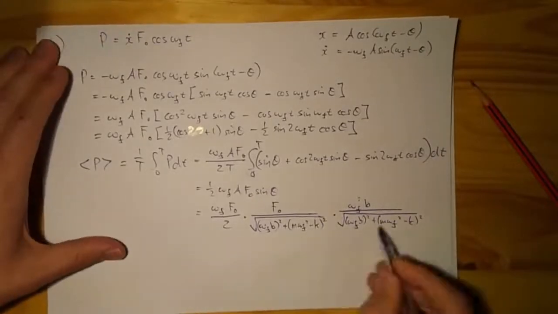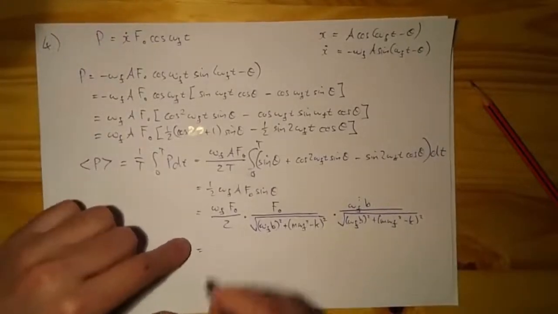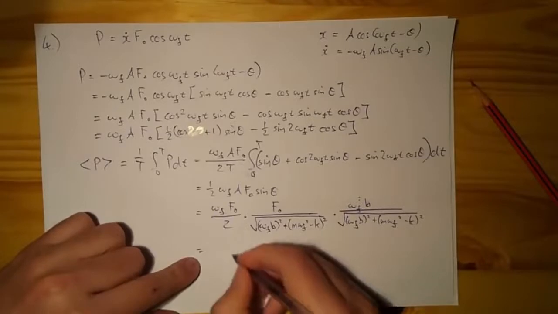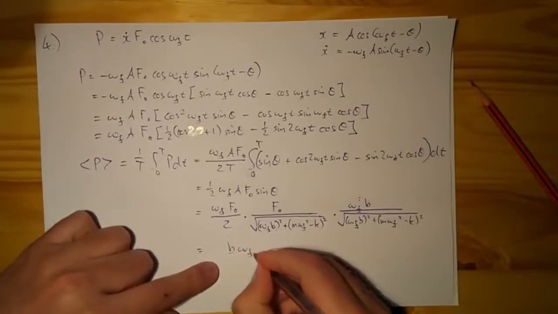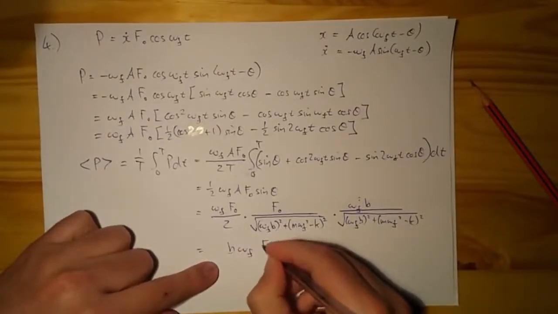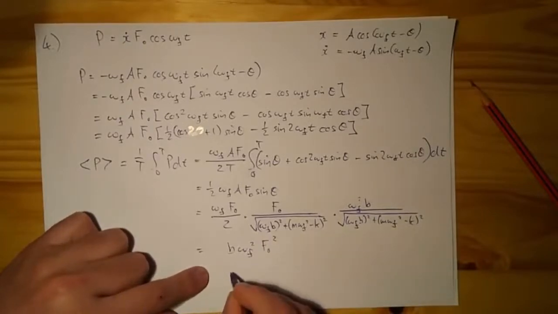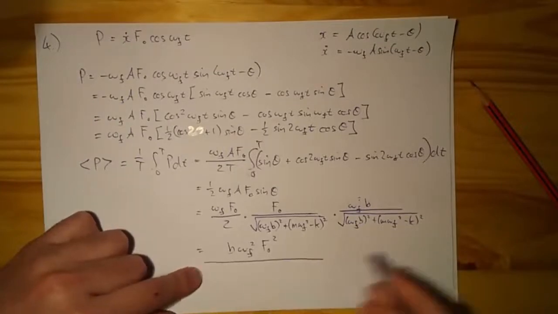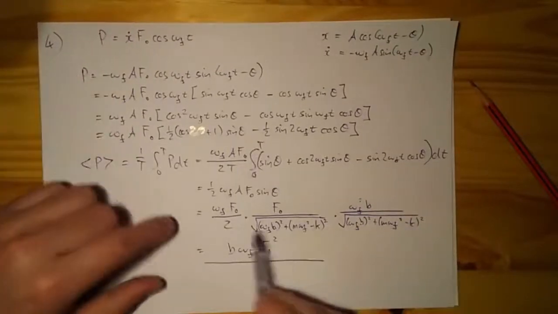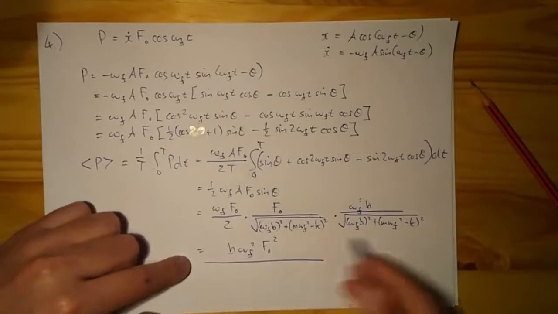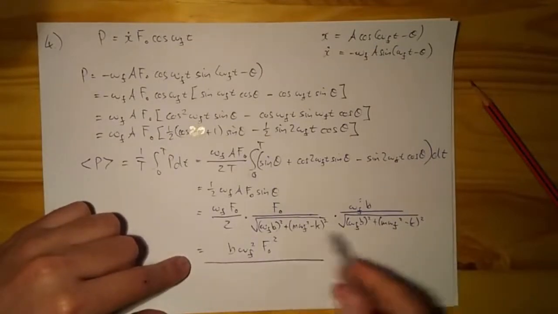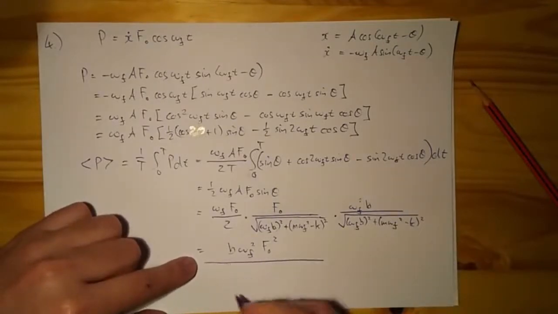Good, and then these two are simplified, so we are left with b omega f, and then the force amplitude is squared. Well, I see the expression asks us to take the m out, but that's just taking an m out, and this bottom square root simplifies.